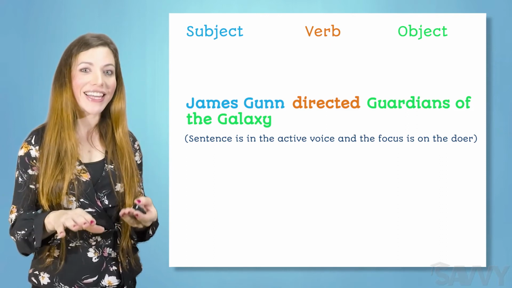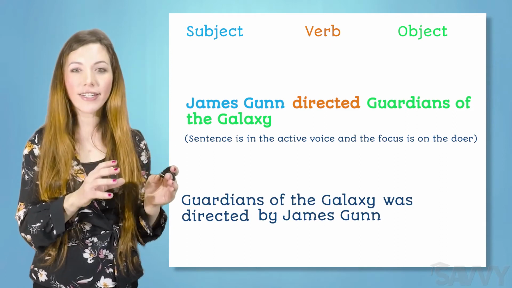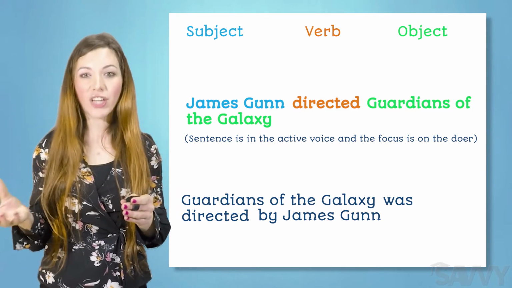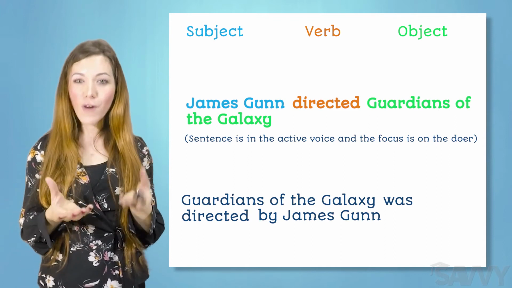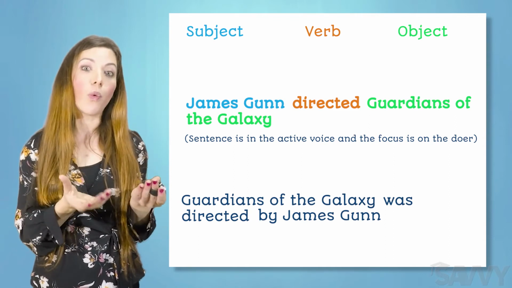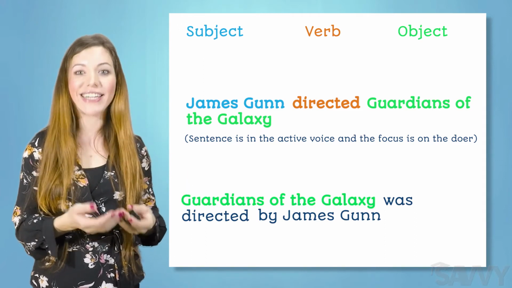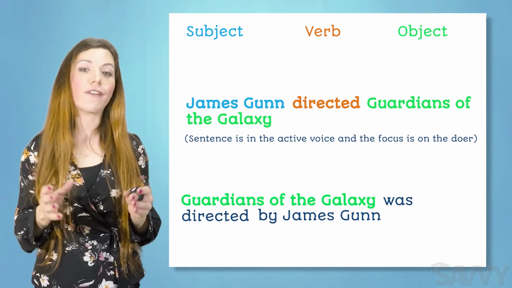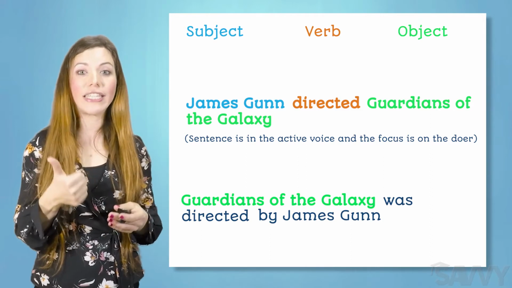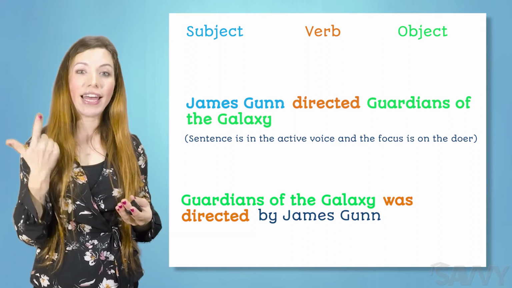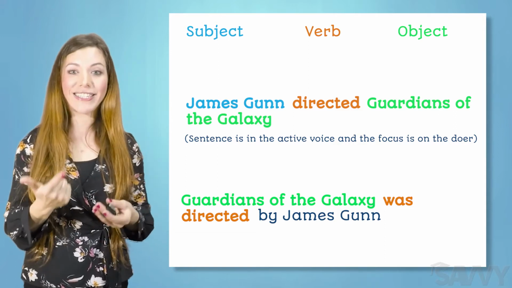Now if we had to look at this sentence, Guardians of the Galaxy was directed by James Gunn. The focus now is on what was created, on the object, which is Guardians of the Galaxy, the film. We have the verb, so auxiliary be in the past, singular was, and the past participle, directed.